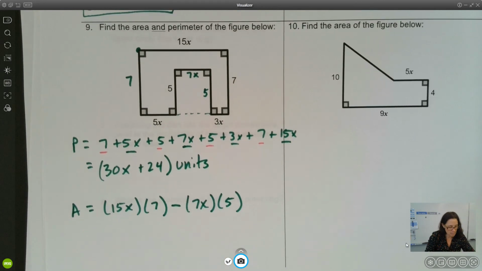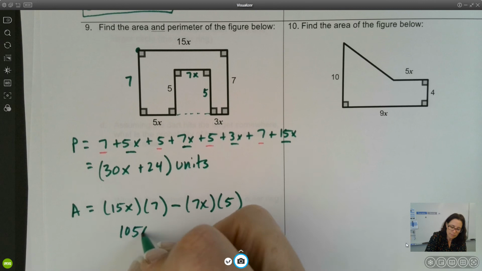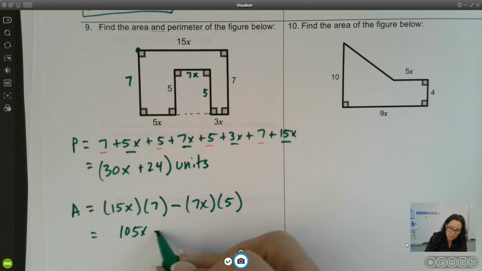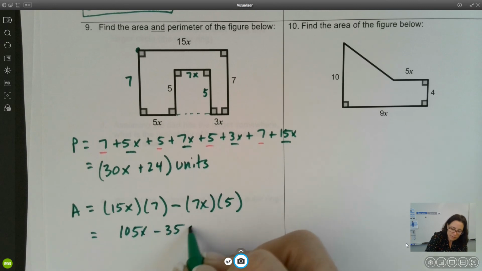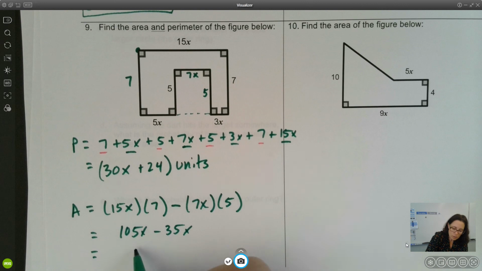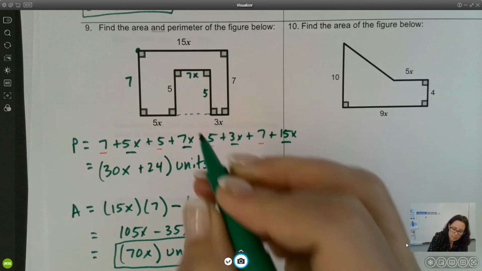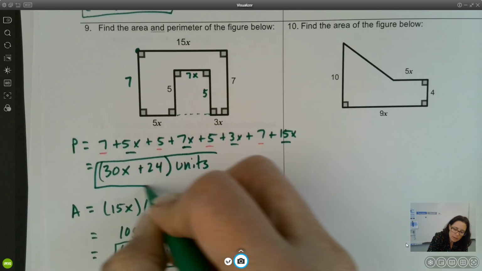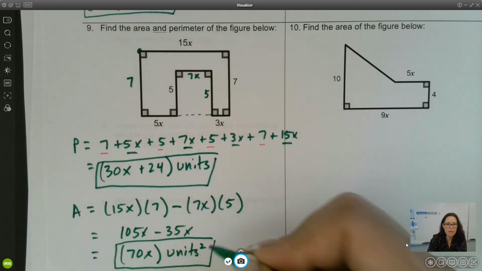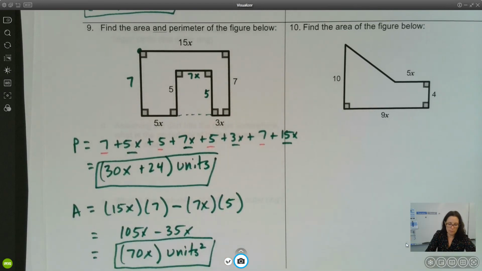So 15 times 7, that's 105x minus 35x. So we're getting 70x. That whole thing is units squared for an area. Perimeter answer up here, area answer down here.